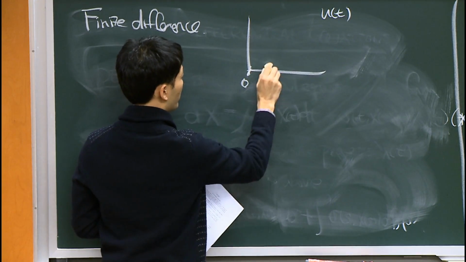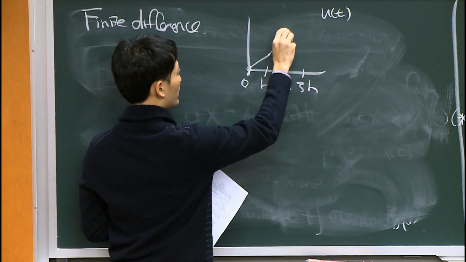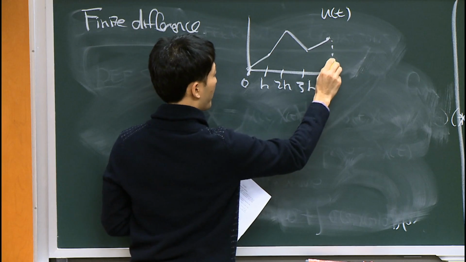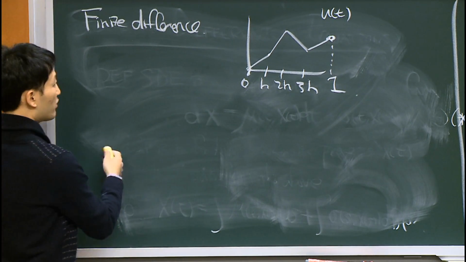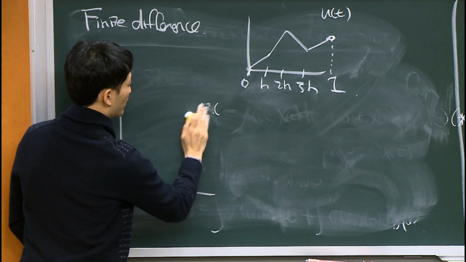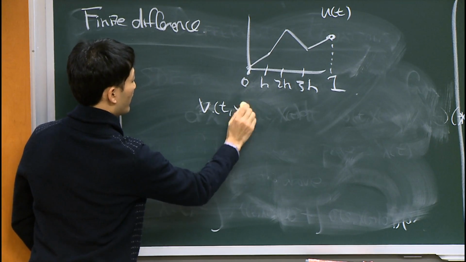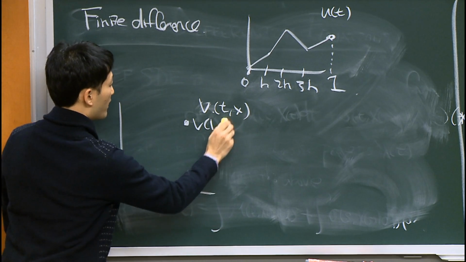We took values at 0, h, 2h, 3h. Using that, we did some approximation like that and found the value. Now suppose we want to find, similarly, a two-variable function, let's say v of t and x. And we want to find the value of v of 1, 1.